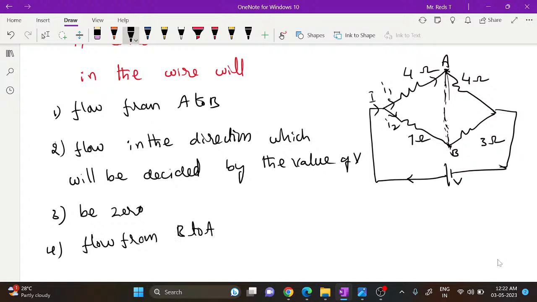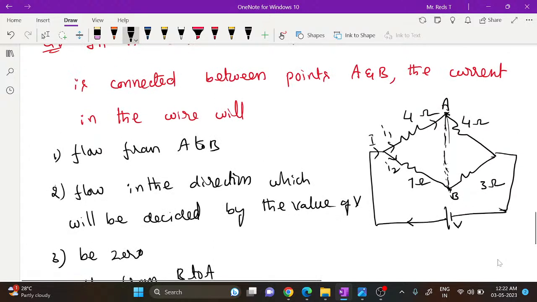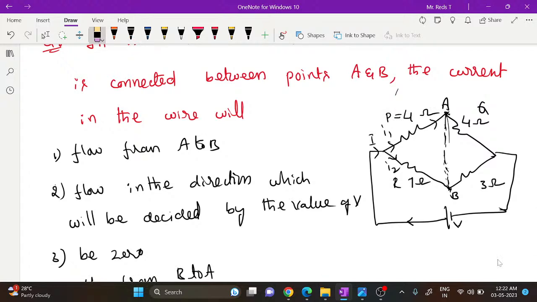From our previous discussion, you can answer this immediately within 10 seconds just by understanding how the resistor combinations are. If we take the left side combination, this is P, this is Q, this is R, this is S. P is 4 ohm, Q is also 4 ohm, R is equal to 1 ohm, S is equal to 3 ohm.